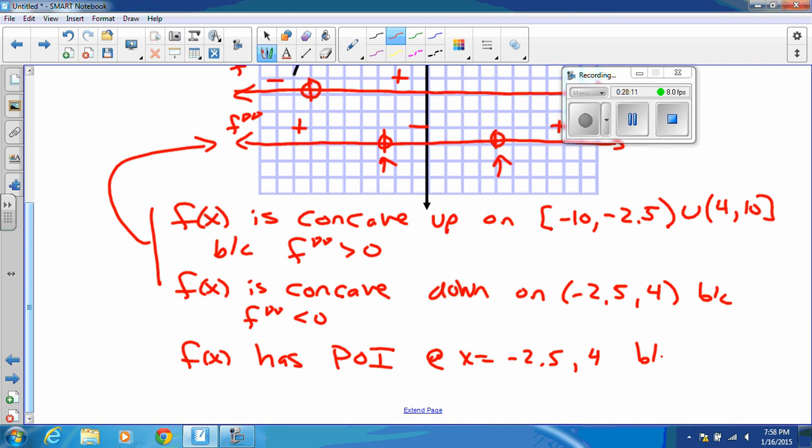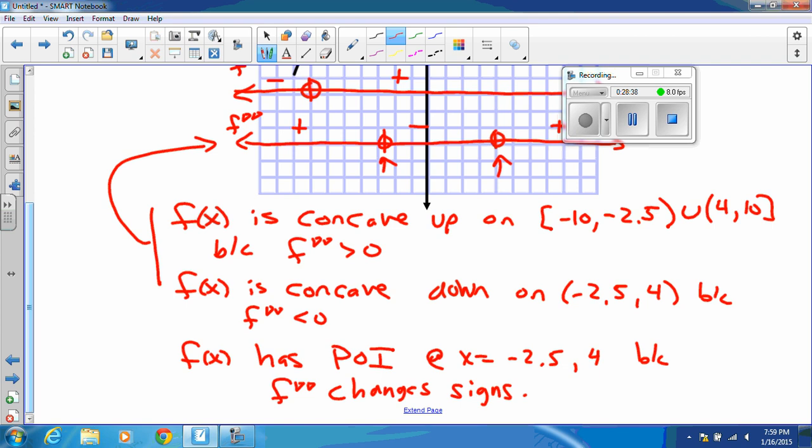Finally, we would say that f of x has points of inflection. POI is a universal abbreviation for points of inflection at x equals -2.5 and x equals 4. Why? Because f double prime changes signs.